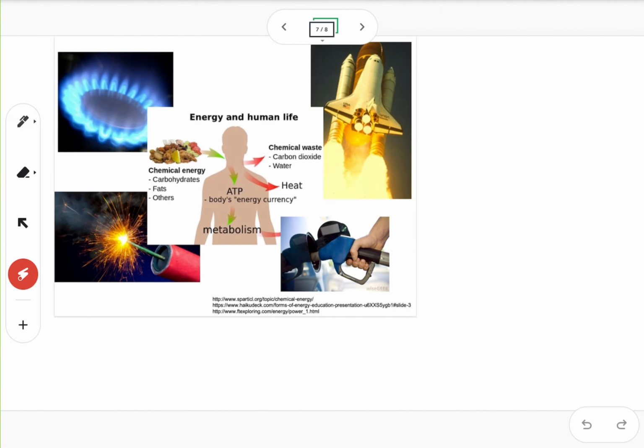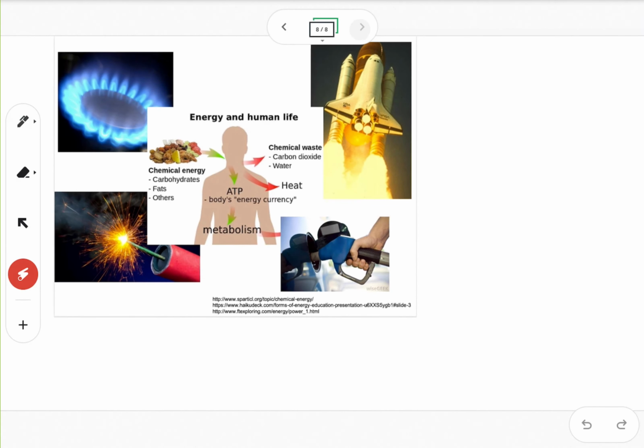When you burn it, you generate carbon dioxide and water, and when you break the CH bond, the energy will be released. And with fireworks and rockets, the chemical fuel released by the rocket can push the spacecraft to move up. And the fuel, the gasoline, is typical chemical energy.